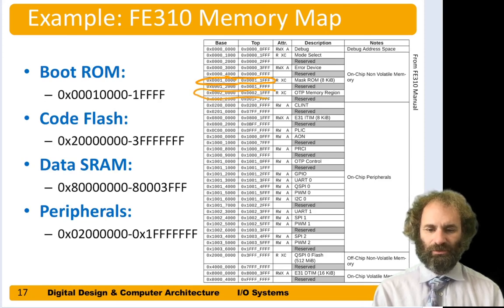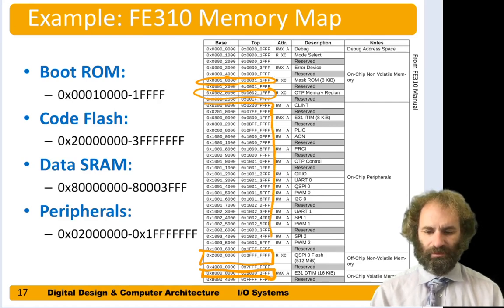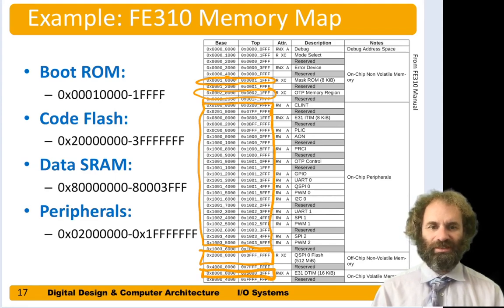That, in turn, soon jumps into the code flash, so the program is stored in flash memory and is in these addresses. I'll call that 2 million through almost 4 million. There's also static RAM, starting at this location. Call that 8 million. And then there are a bunch of peripherals, and they are at different addresses in memory, spanning this range. We'll look at several of those peripherals in this chapter.